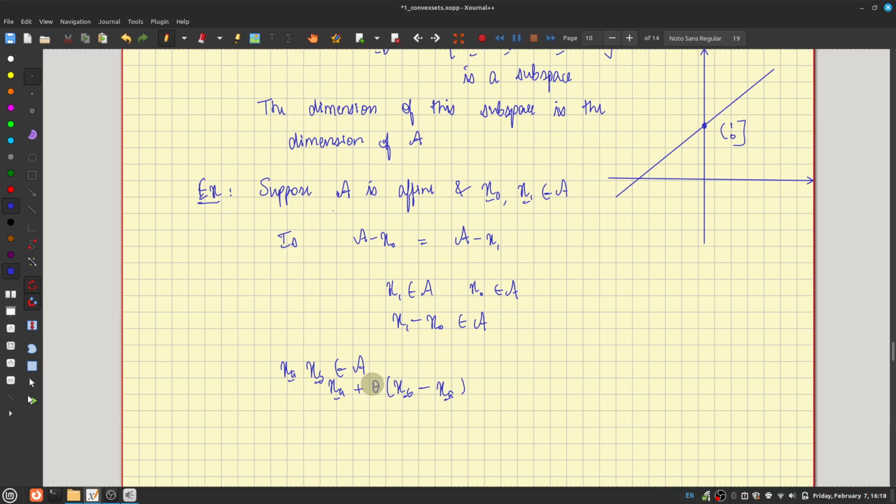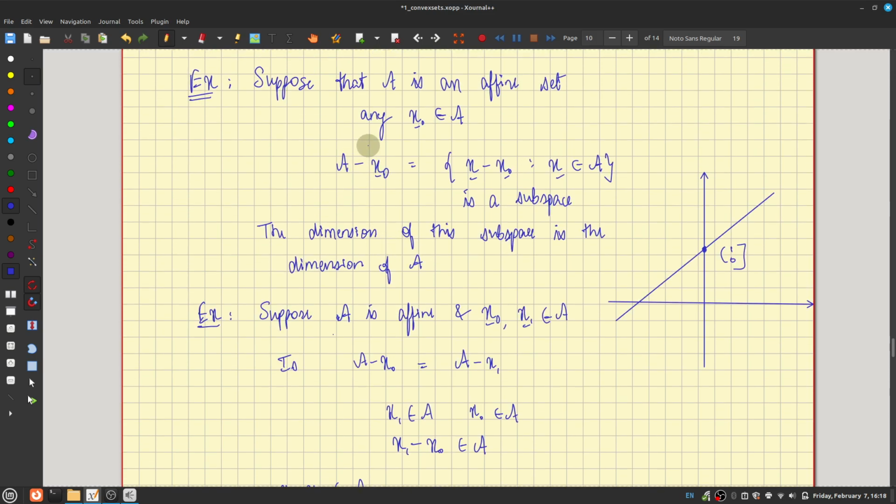Okay, so to prove that this set is a subspace, what would you need to show? That's not enough, right? What you have to show is that it's closed under linear combinations, right?